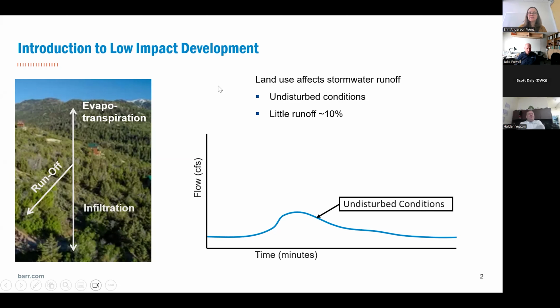In those conditions, you have low flow rates coming off those pieces of land. And you also have relatively small amounts of runoff volume leaving because there's so much time for things to infiltrate and percolate down to groundwater.